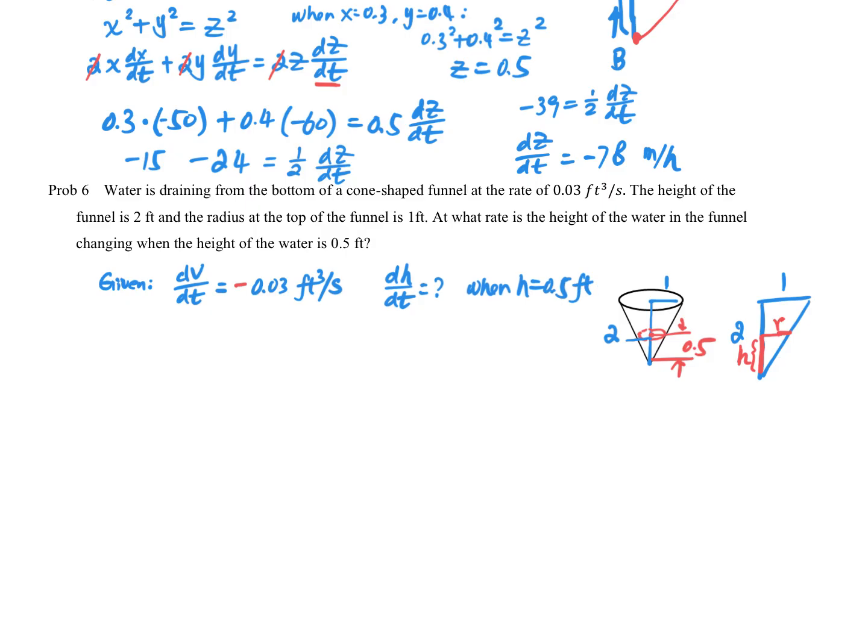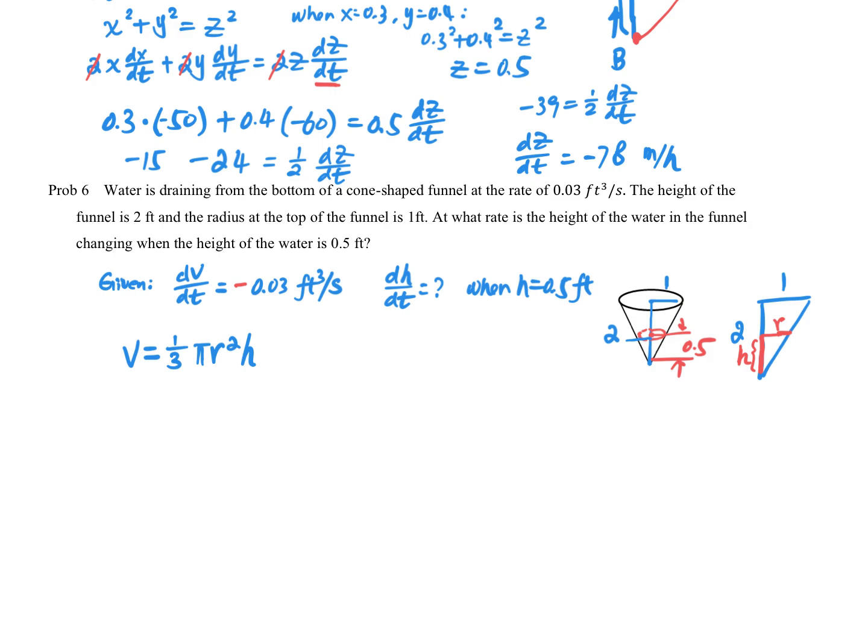First of all, the volume remaining in the funnel at any moment. The volume formula is 1/3 pi r squared h. That's the volume for a cone-shaped solid.